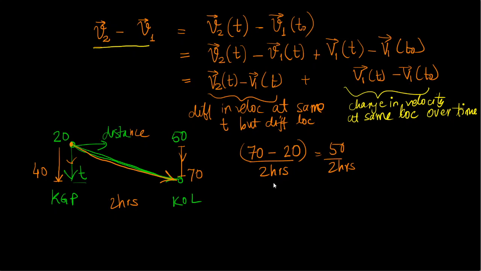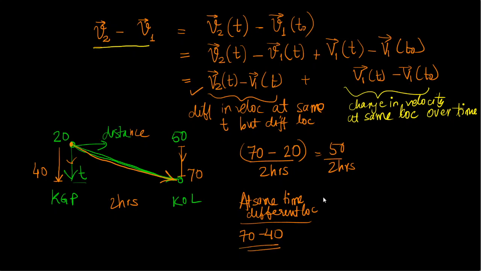So it is because of two factors. The first is the difference in humidity at the same time over different locations. So at the same time, different locations, what is the change in humidity? It is 70 minus 40. And this corresponds to this particular term.